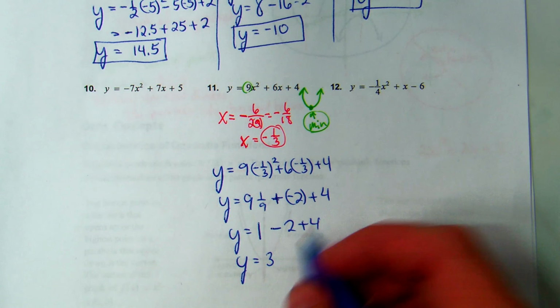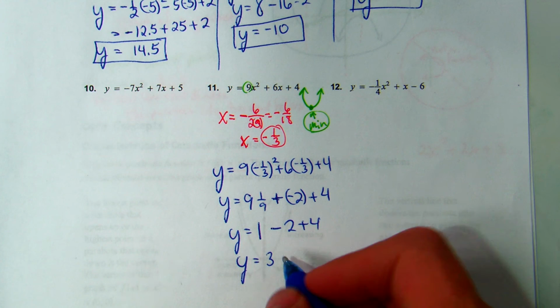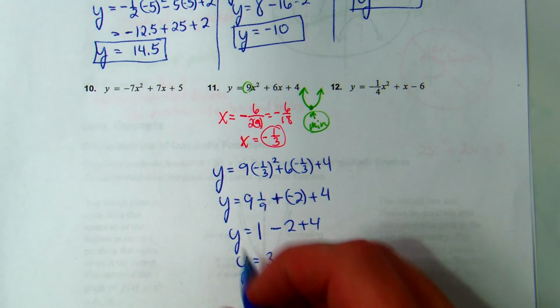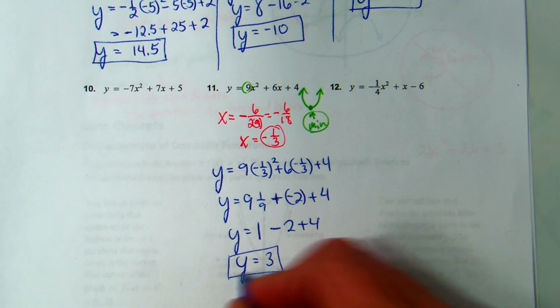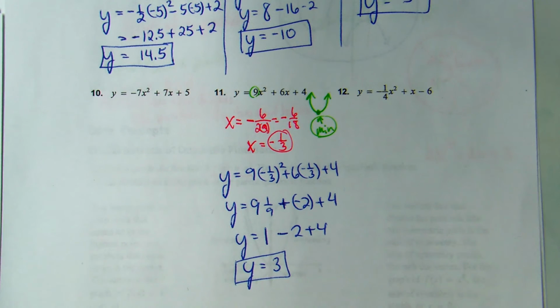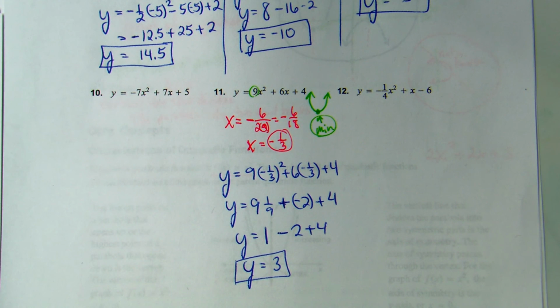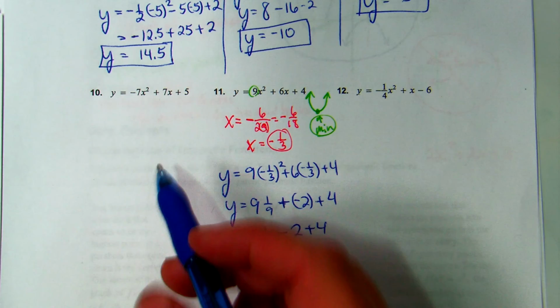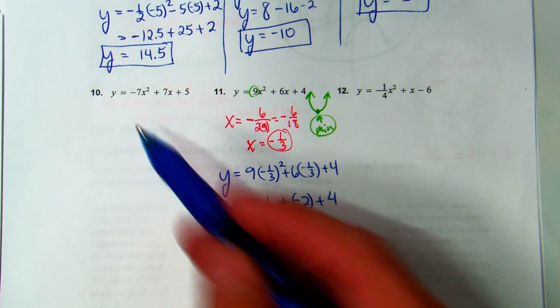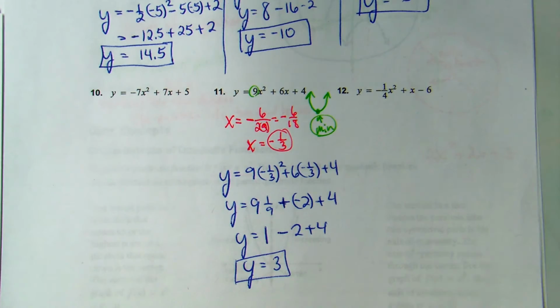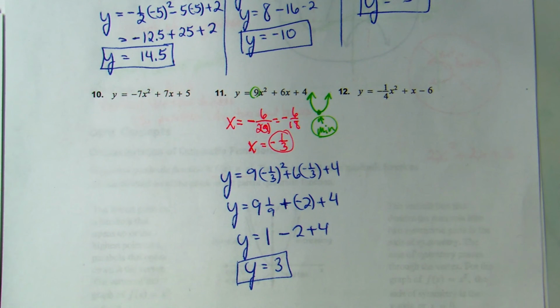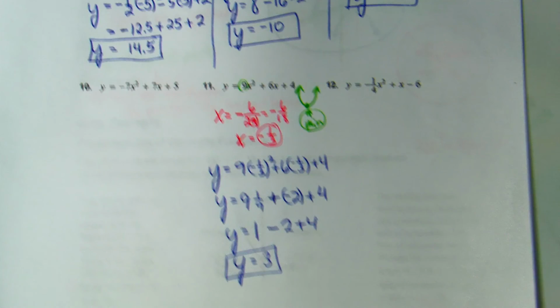So my value for this minimum is going to be y equals 3. Okay? Y equals 3. And you can do these the same way. You can find the axis of symmetry, plug them back in, find the y value. But I feel like these are enough examples for you to go on to get started on your practice.